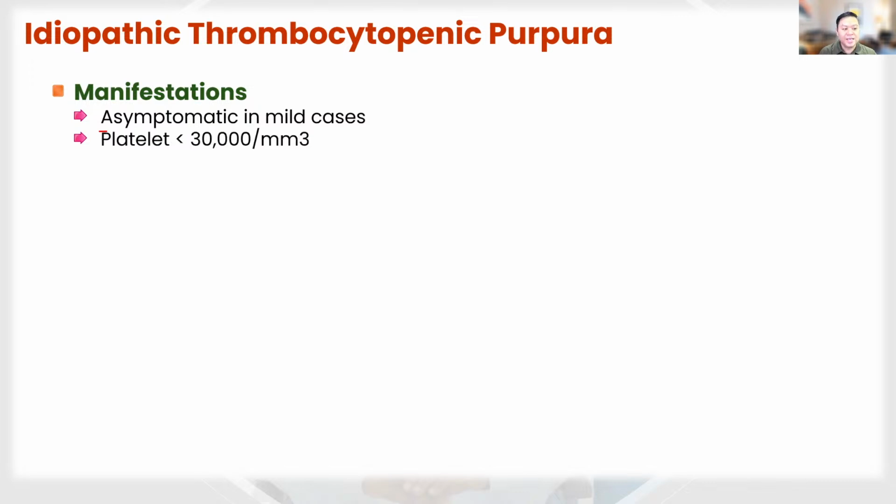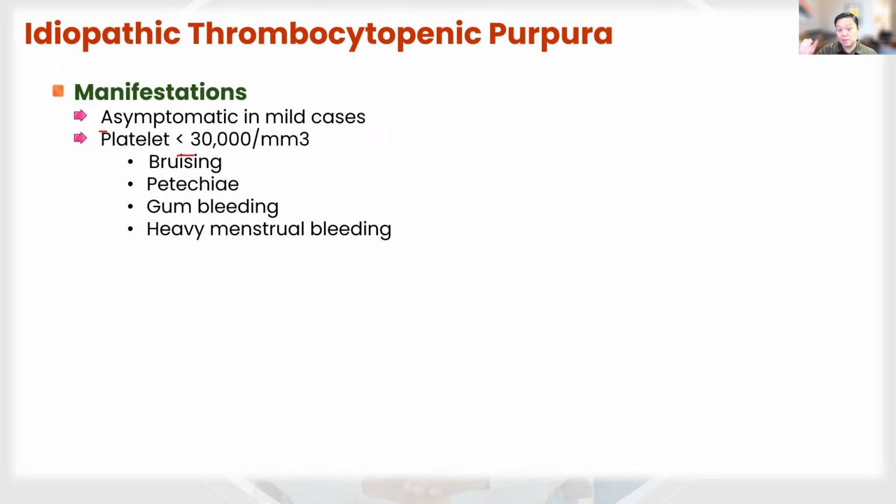However, if the platelet count drops to 30,000 per cubic millimeter, then this is the time that they're going to manifest those bruises like the petechiae, the ecchymosis, or maybe the gum bleeding or epistaxis, or let's say heavy menstrual bleeding. So these are the common manifestations in a patient having the ITP, or the idiopathic thrombocytopenic purpura.